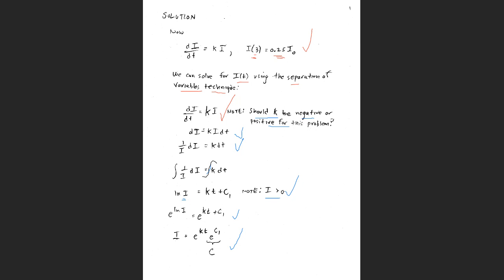All right, are there any questions so far? Okay. Zachary says the initial value is that 3 feet below the surface, the intensity is 25% of the initial intensity, I sub 0.